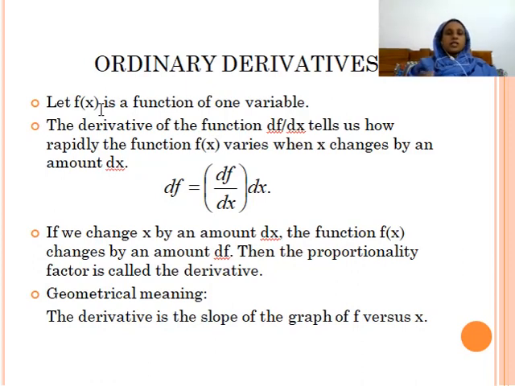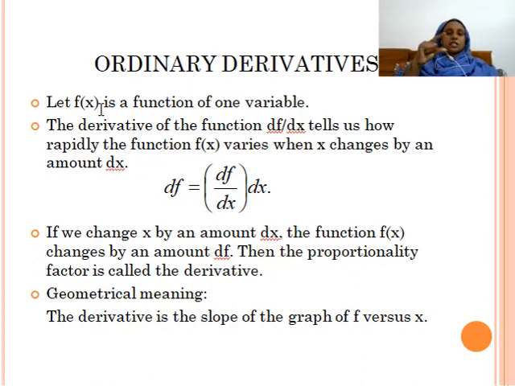For example, suppose the independent variable x changes by an amount dx. Then the corresponding change in the function is represented by df. Okay, so there is a connection between this change in f and change in x.